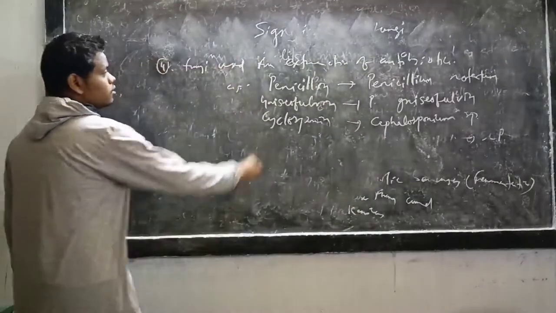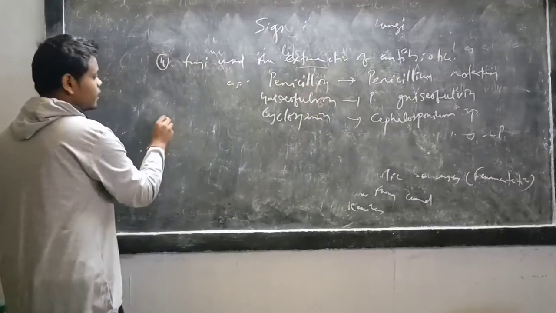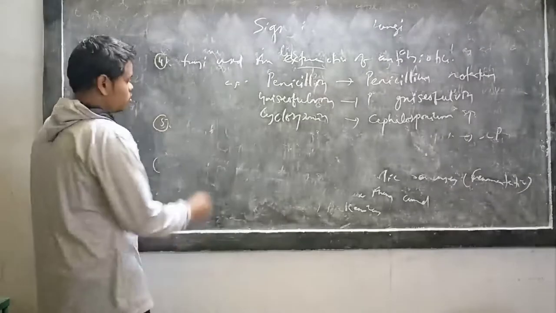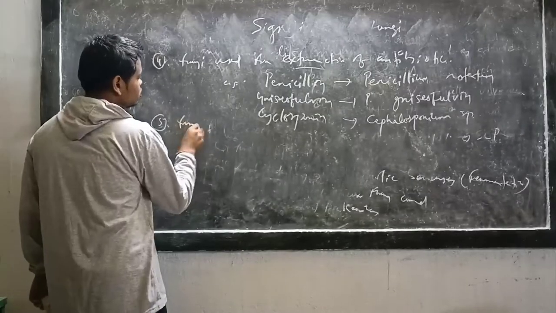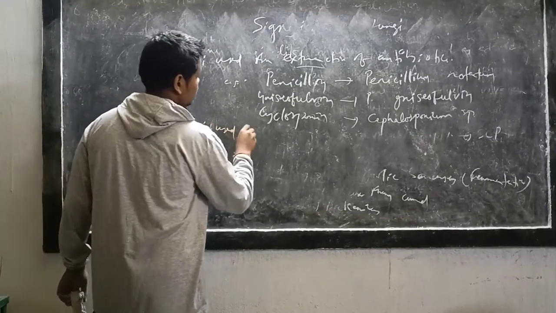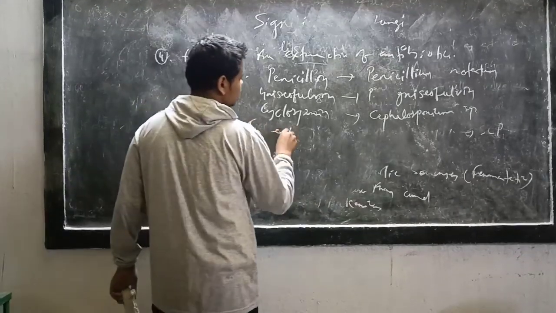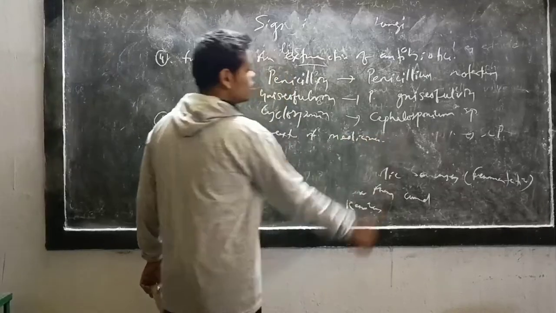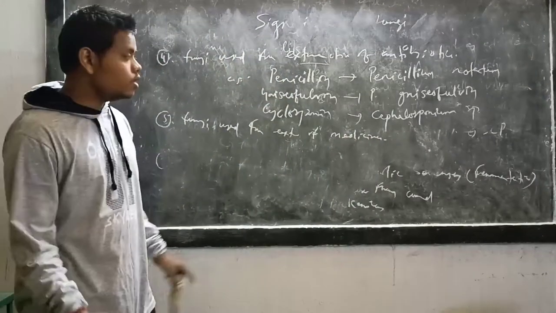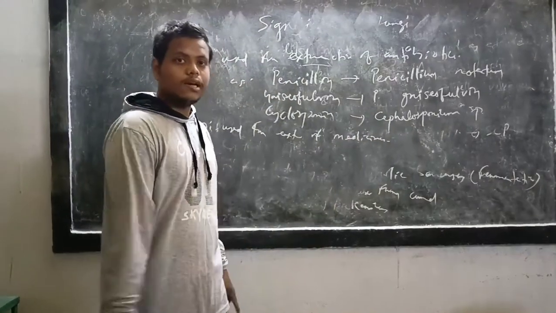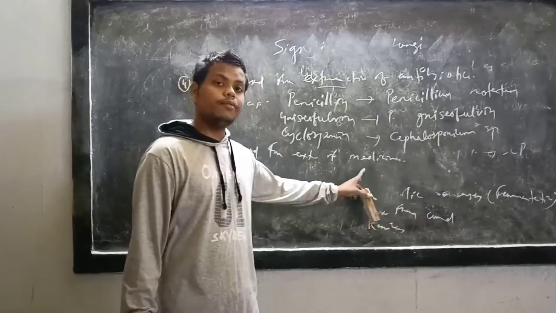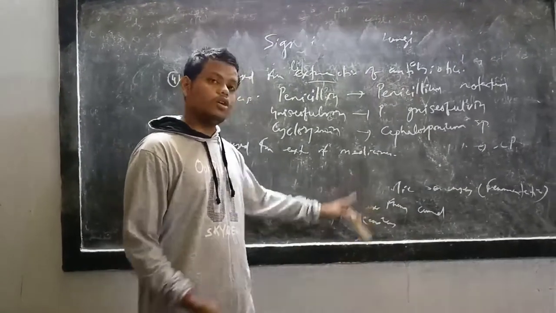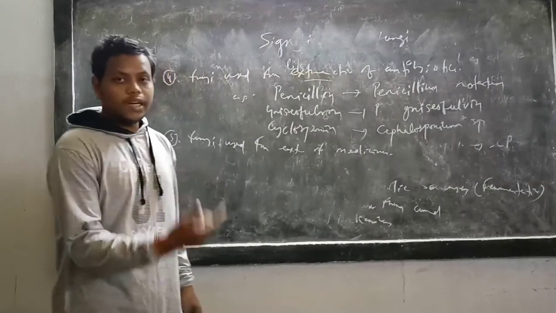Next, fungi are used for extraction of medicines. We get some chemicals or alkaloids from fungi. From those alkaloids or chemical substances, we derive medicines for human beings and other animals also.